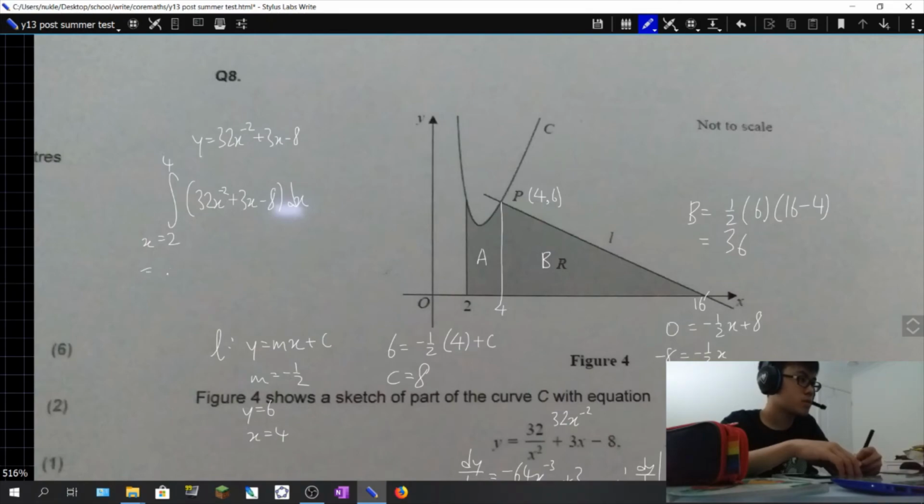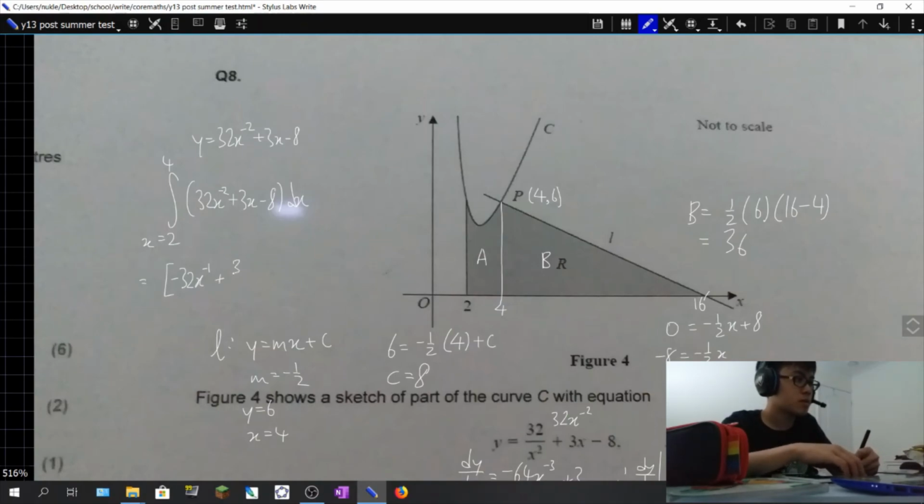That's going to be equal to, if you add 1 to this exponent, that's going to be negative 1. And you divide 32 by the new negative 1, so that's going to be negative 32x to the negative 1. You can check this by differentiating and you get this back.